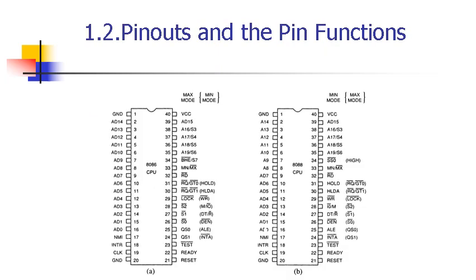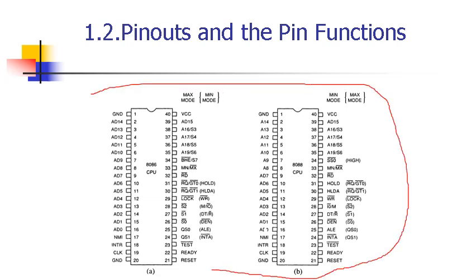Okay, here are the pin configuration of the two processors. A is for the 8086, B is for the 8088.